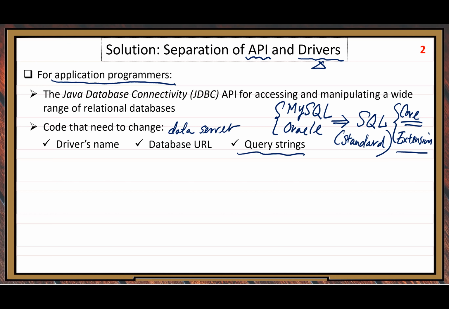Here, let me give you a simple example so you can get some idea. For example, in MySQL, when we use the select statement, there is a keyword called limit.